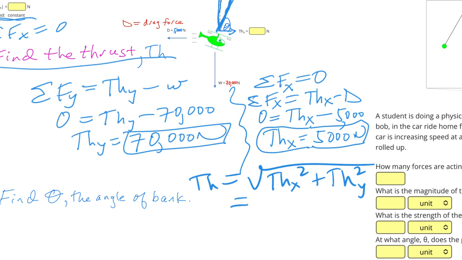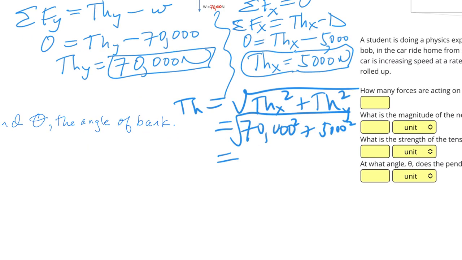So that would be 70,000 squared plus 5,000 squared. Square root of that. So I'm getting 70,178 newtons for the thrust.